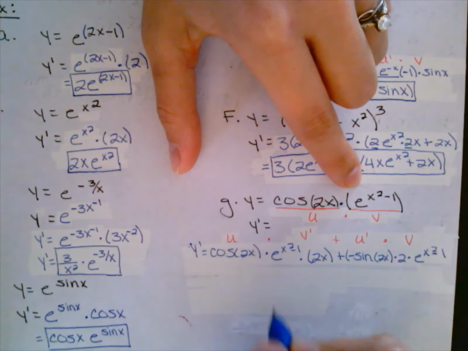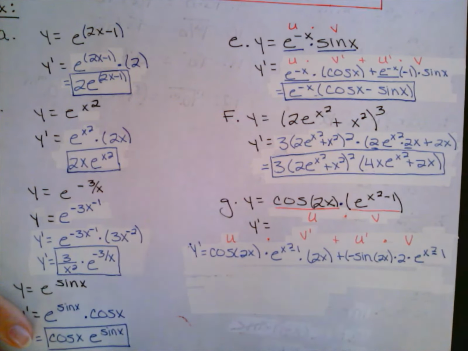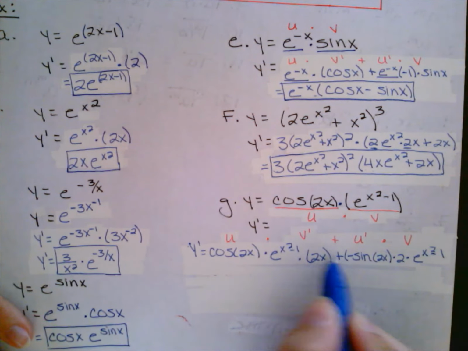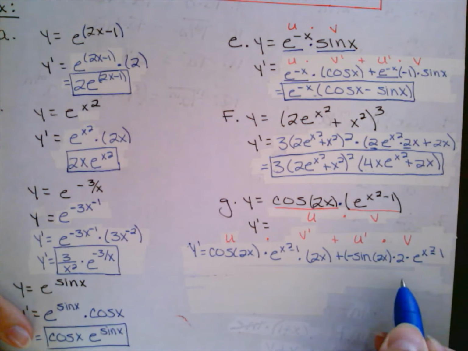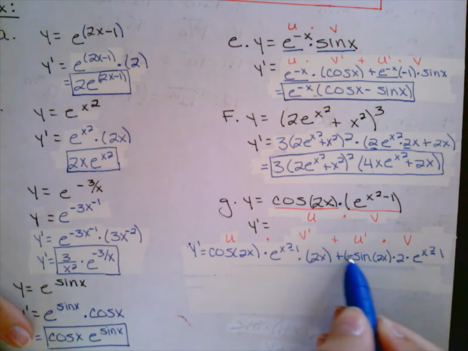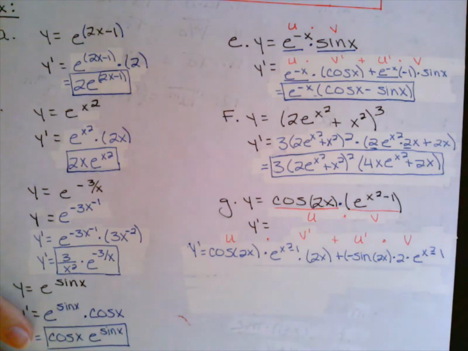So now I have two terms here. I've got a lot going on. From the plus sign over to the left, this is all one term, and from the plus sign to the right, this is all one term. The first thing I analyze is that this is going to become a minus. And then let me see if I can find anything common that I can factor out to make this look a little prettier.